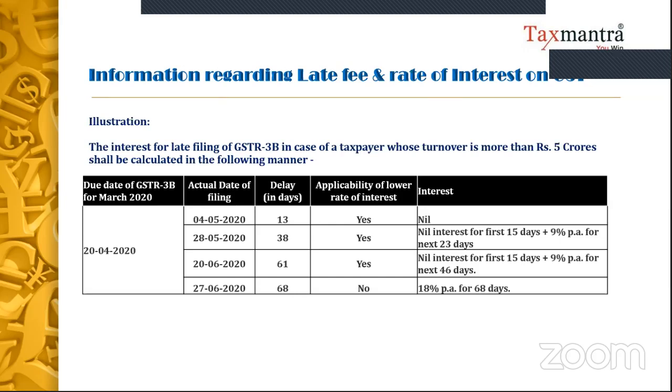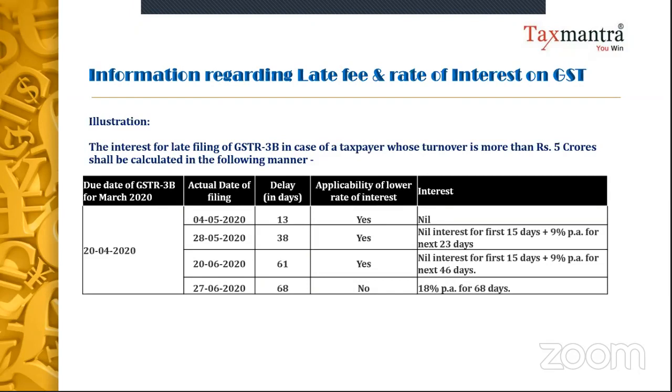There are four categories. Let's assume that such a taxpayer is liable to file the GST return for the month of March, which due date would be the 28th of April. If you see the illustration, I'll choose the taxpayer having turnover more than 5 crores, because interest will be calculated on that part only.